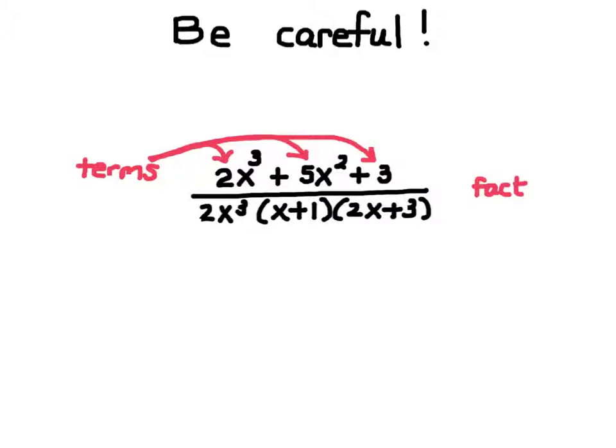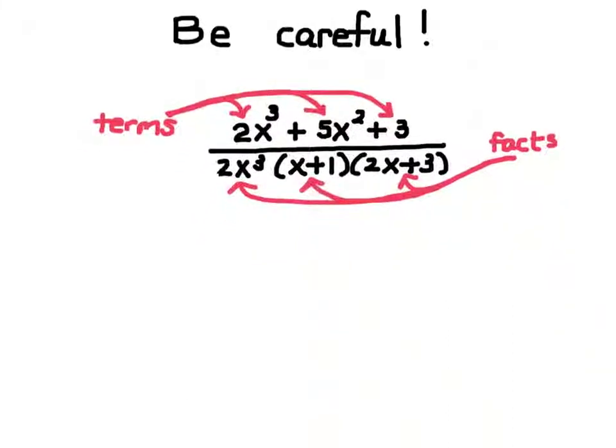So 2x plus 3, that binomial is a factor. And x plus 1 is a factor. And 2x cubed is a factor. So in the numerator, I have the sum of three terms. And in the denominator, I have the product of three factors.